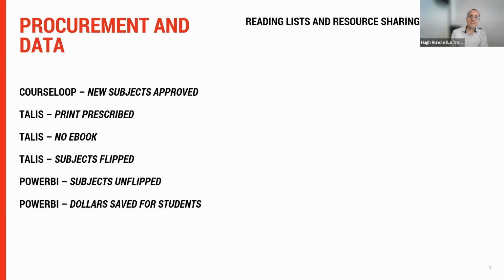If they're not able to do that, then a library note is added saying no ebook with the date that we last checked. And then that allows us to run a different report which filters to find all of those items that have no ebook library notes. And then the Reading Lists and Resource Sharing team provide that list to our Learning Services team.